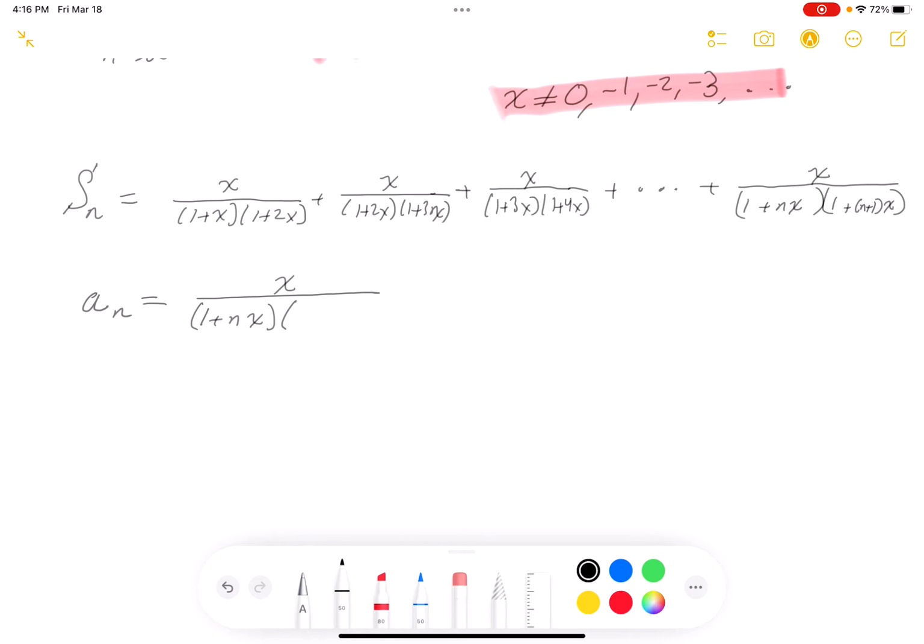And then let's expand it a little bit. So it's going to be 1 plus x plus nx. All right. And now I'm going to do the partial fraction decomposition.